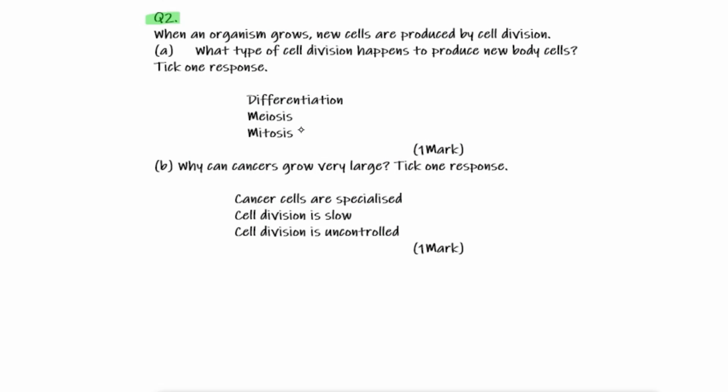Question 2, when an organism grows, new cells are produced by cell division. What type of cell division happens to produce new body cells? Tick 1 response. This is worth 1 mark. The options are differentiation, meiosis and mitosis. If we think back to differentiation, this is to do with specialized cells.